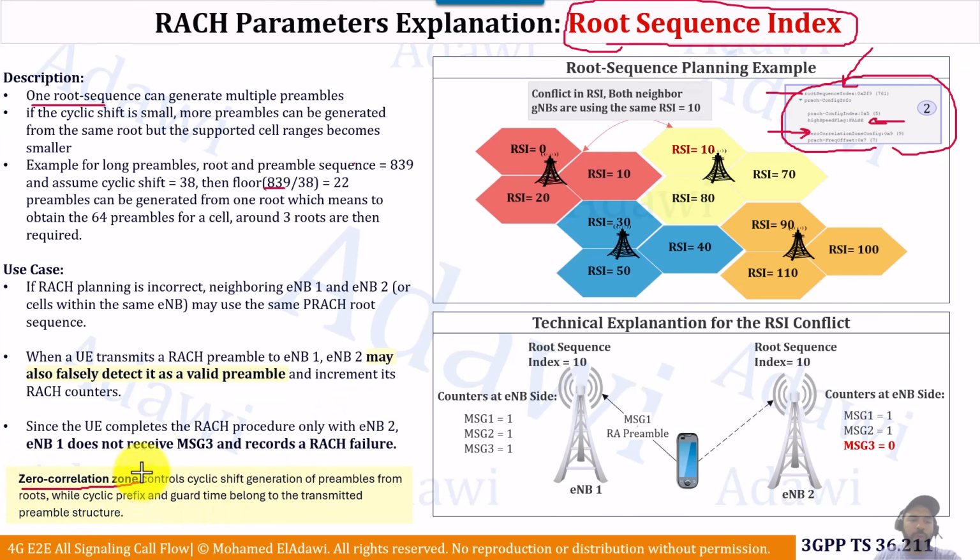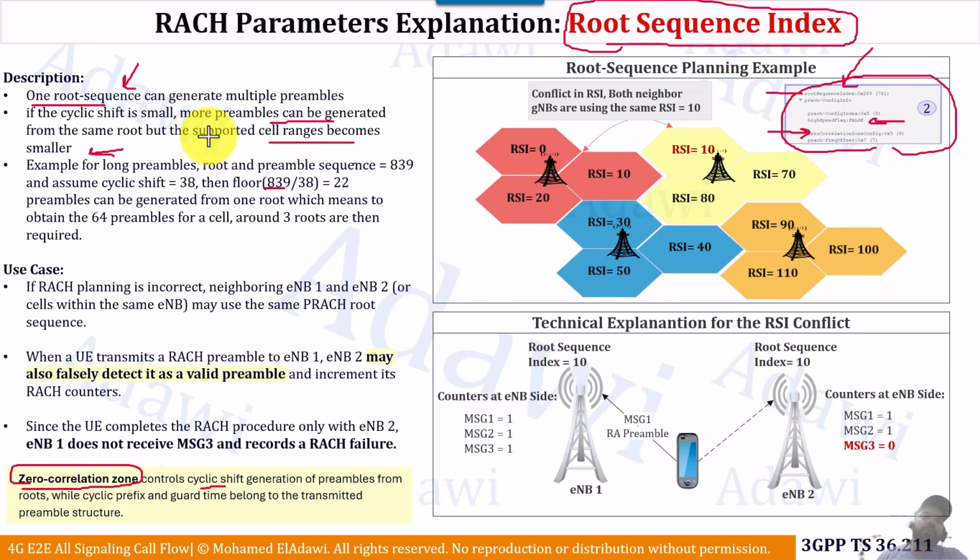It was also part of the planning, and it controls something called the cyclic shift, called NCS. If the zero correlation configuration uses a small cyclic shift, this means more preambles can be generated from this particular root sequence, but the supported cell range becomes smaller. So let me give you a practical example.